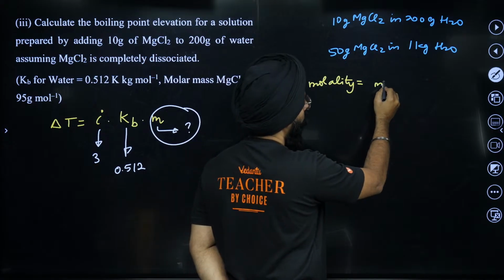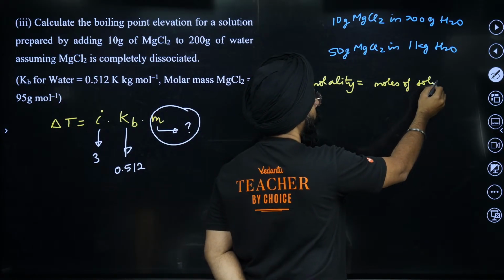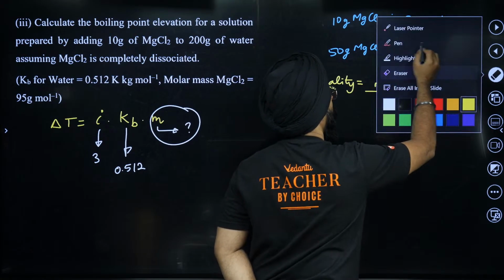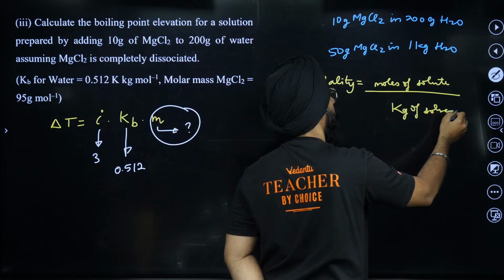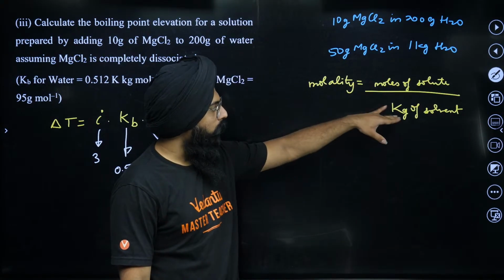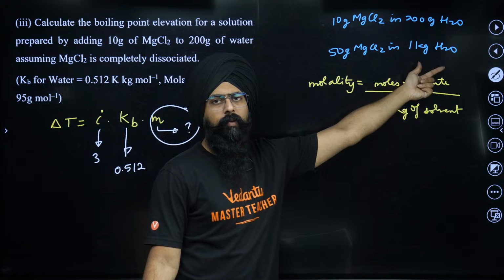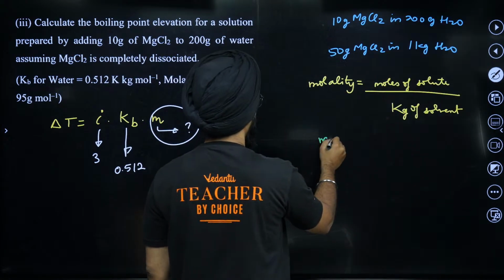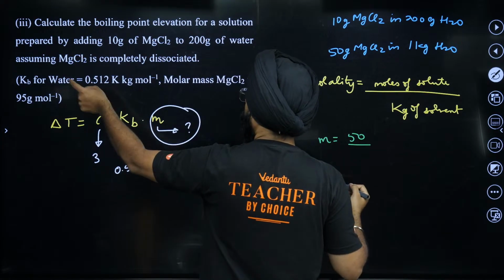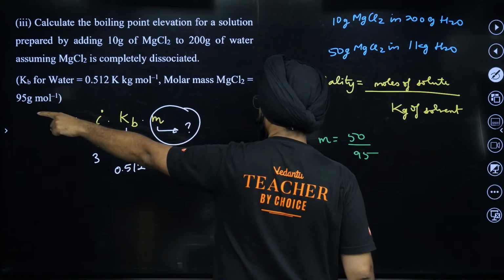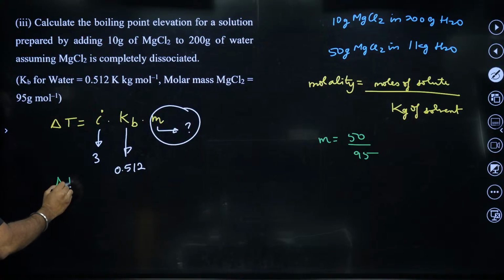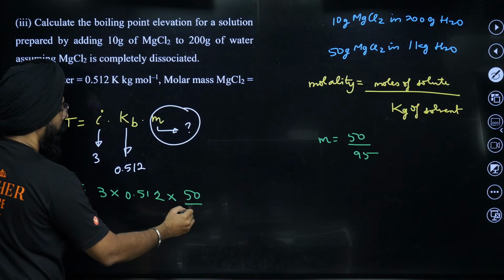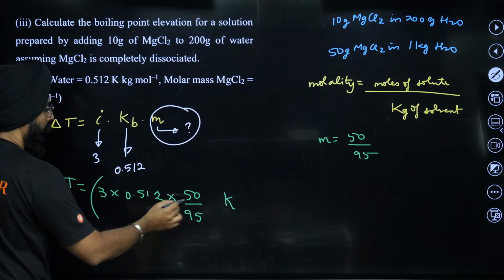Molality is moles of solute per kilogram of solvent. So we got 1 kilogram of solvent on the right hand side. We just have to convert 50 grams into moles. So molality will be equal to 50 divided by 95. So over here delta T will come out to be 3 into 0.512 into 50 by 95 Kelvin.